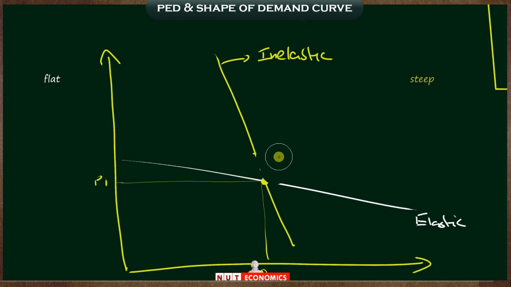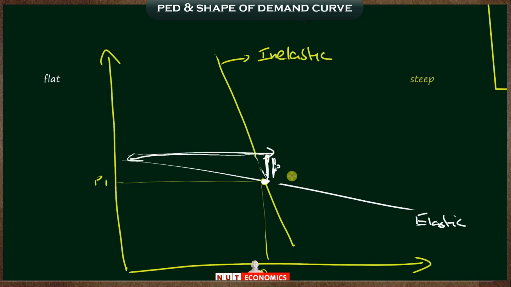Whereas now, start off with the same price change. So price again starting from here changes by almost the same amount. But if you are looking at the white, flatter demand curve, then given this amount of price change, this vertical height here, the quantity demanded falls quite a lot. You move to the left a lot.